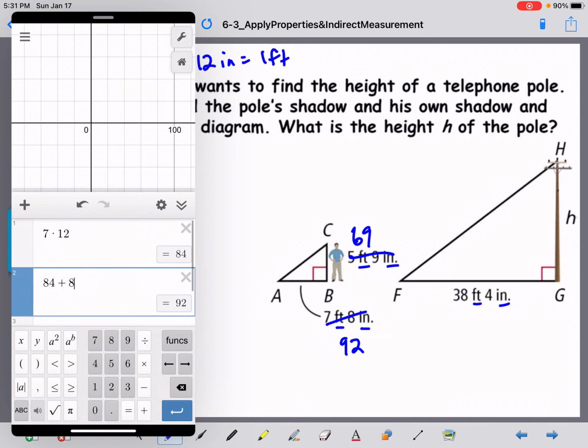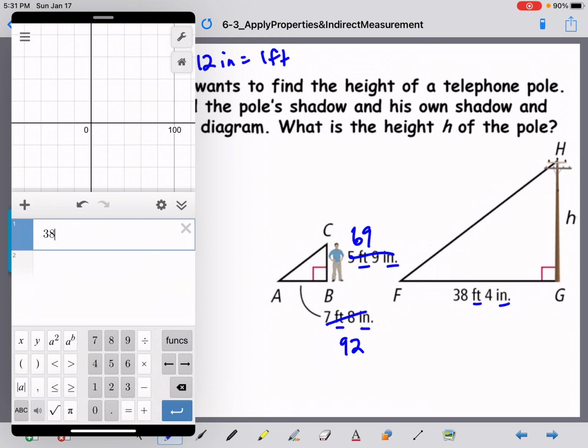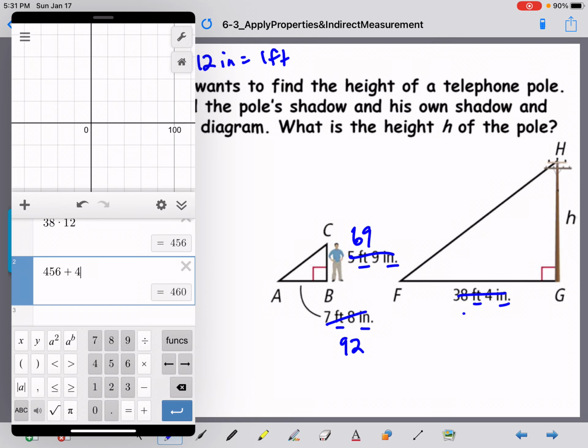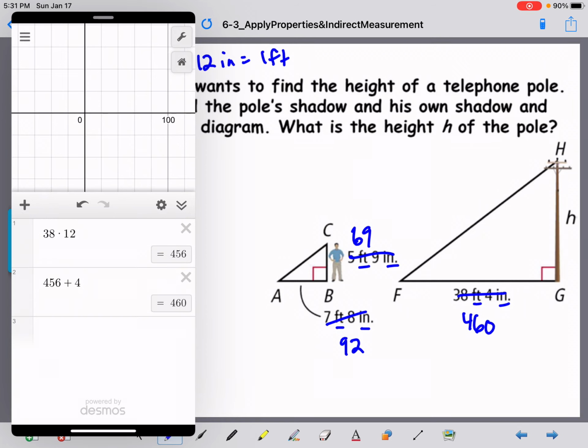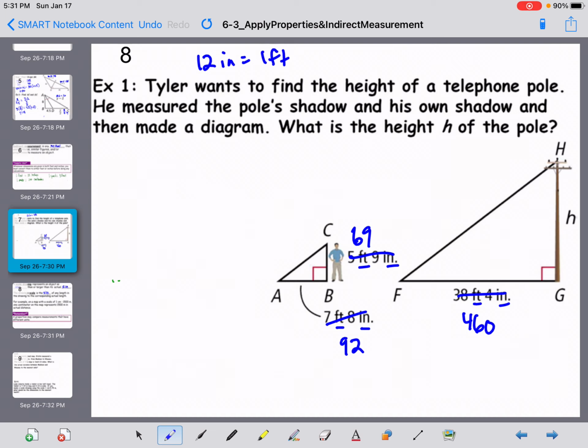The next one, 38 times 12, 456 plus 4, 460. Now at the end, I will just divide and subtract to figure it out.